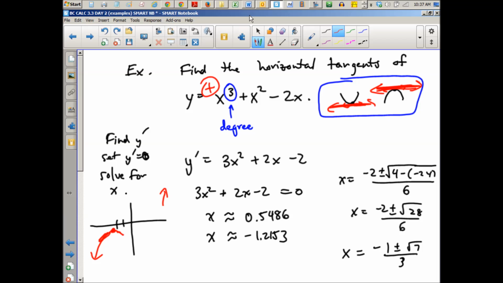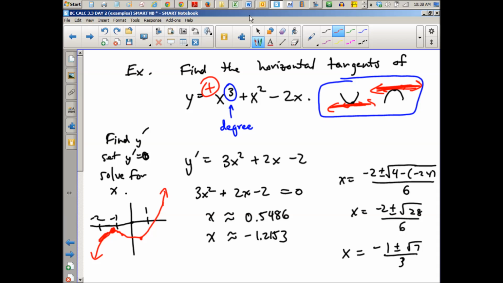And then the other one, this should be at negative 1.2 on the x, so maybe just past negative 1. So this is the point there. That's your x for the relative maximum. And then at 0.5, so right in here somewhere, we have our relative minimum.